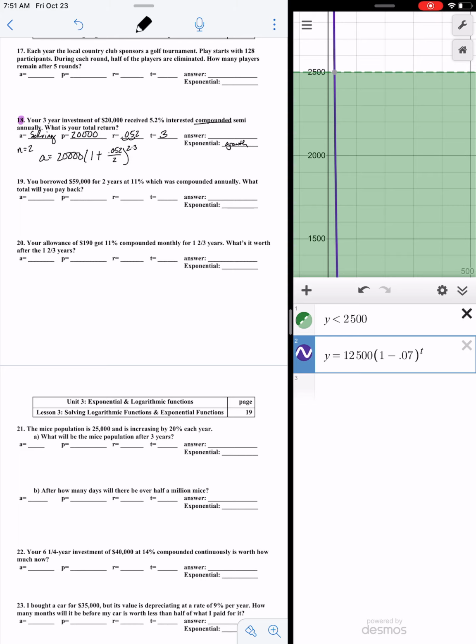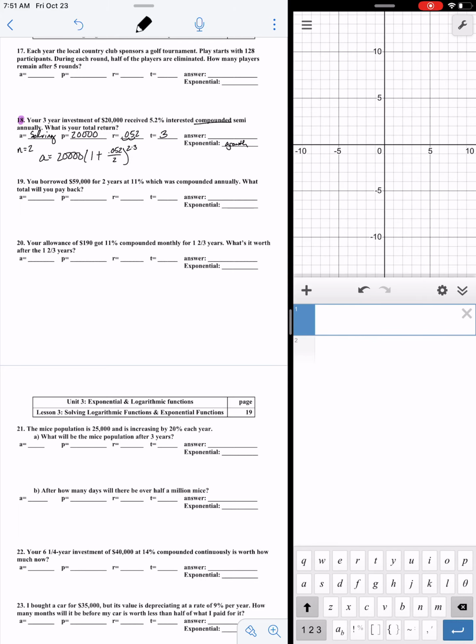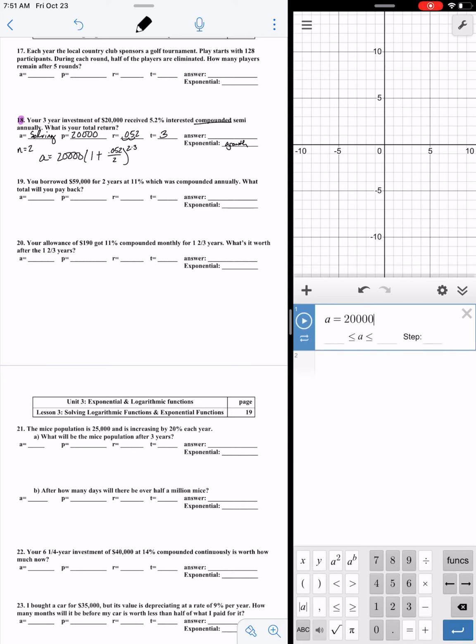And from here, I go to Desmos. Because I have multiple things in the exponent, I'm going to put another set of parentheses, close parentheses.